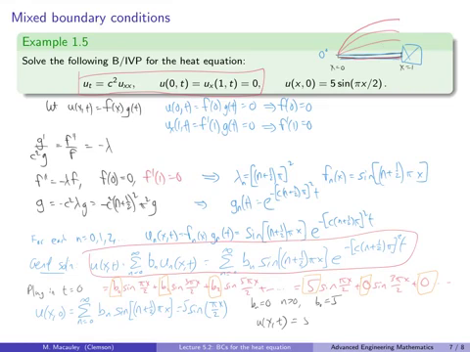So we get 5 times sine of pi x over 2 times e to the, now we need this thing when n is 0, so e to the negative c (pi over 2) squared t. And that is the particular solution that satisfies this initial condition. Notice that if we take the limit of this as t goes to infinity, it goes to 0, and that's exactly what we expect using our physical intuition.